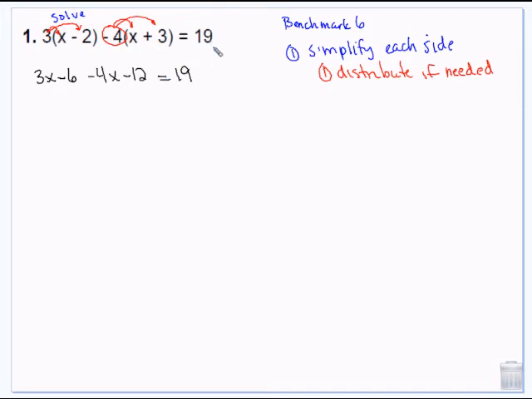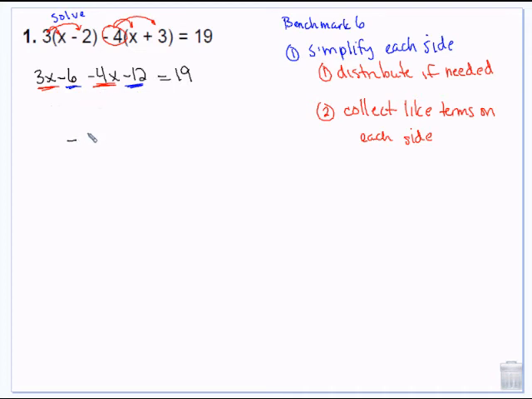Nothing's happening over here, right? Okay. Then I'm going to collect like terms on each side. Okay. So 3x and negative 4x are alike, and negative 6 and negative 12 are alike.